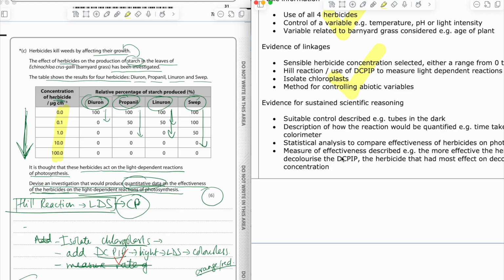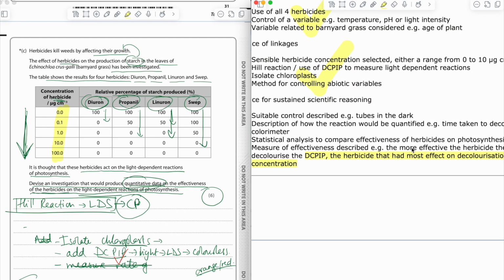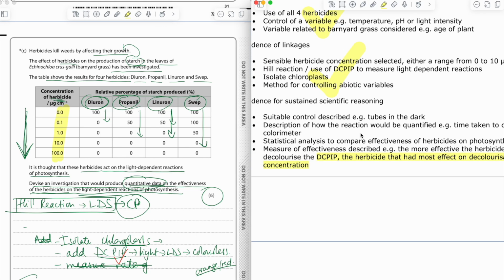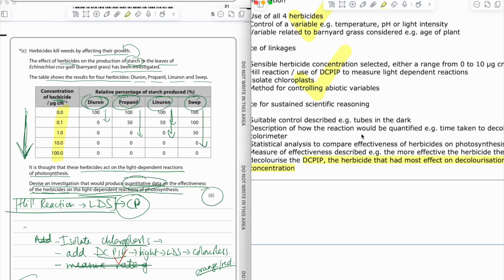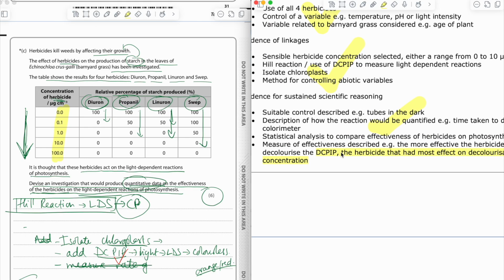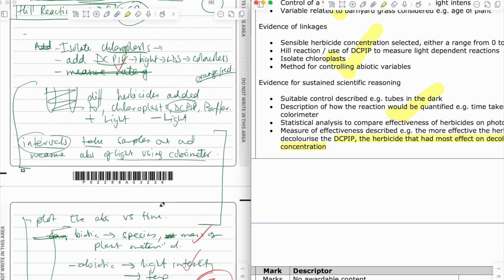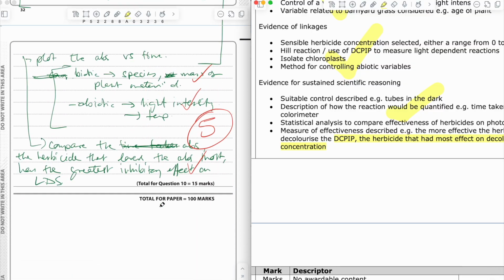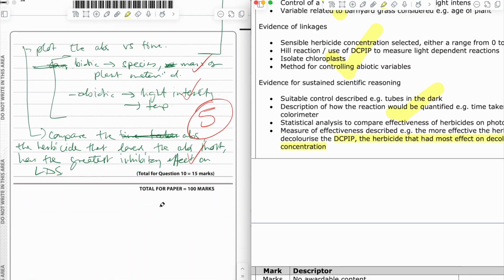I did talk about using DCPIP, like how would we know which herbicide had the biggest effect? I did talk about comparisons. I didn't talk about tubes in the dark. I did talk about how we're going to quantify using a colorimeter.